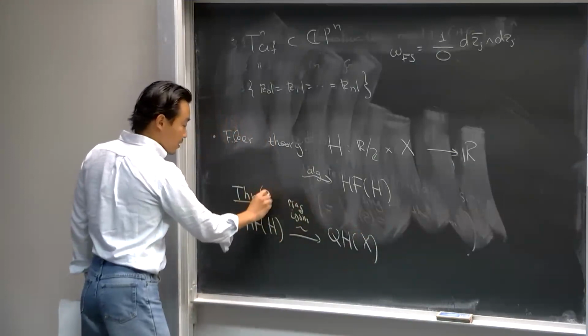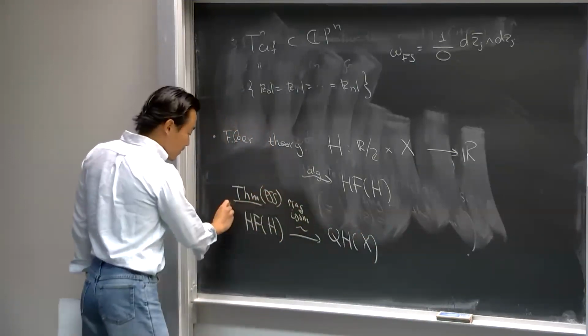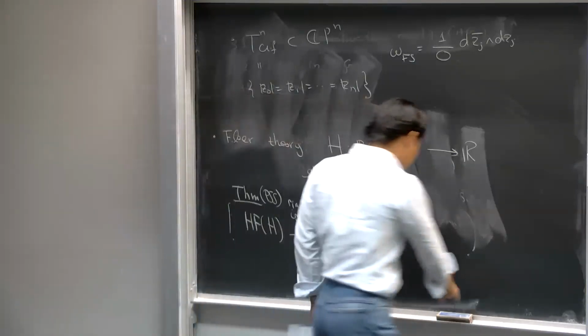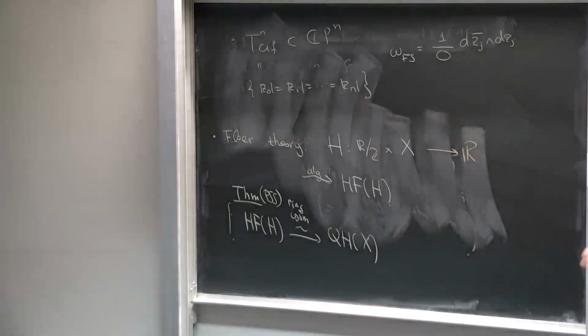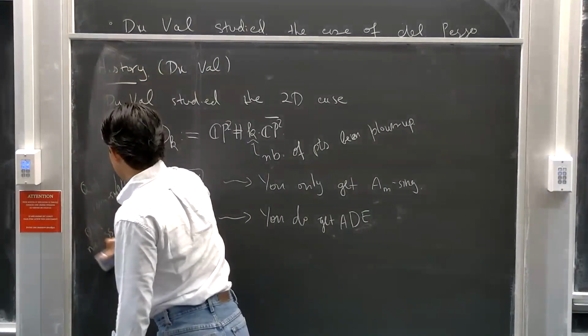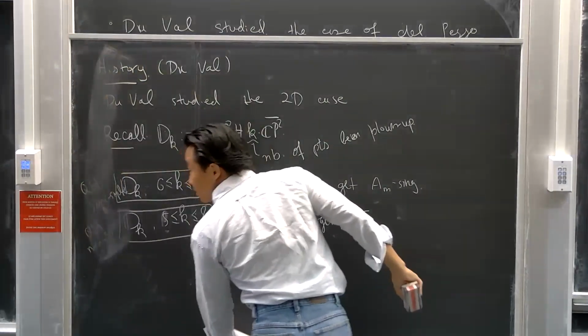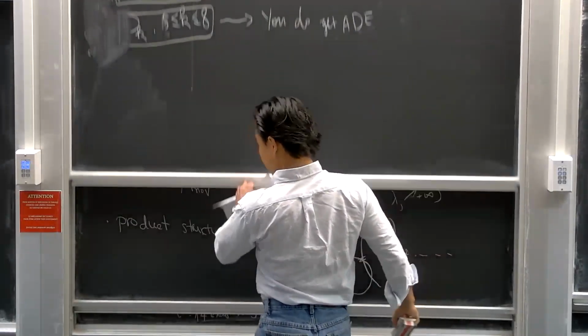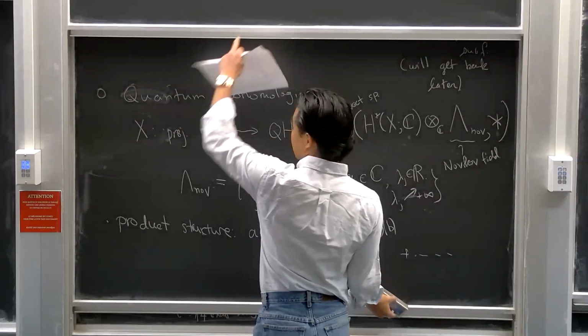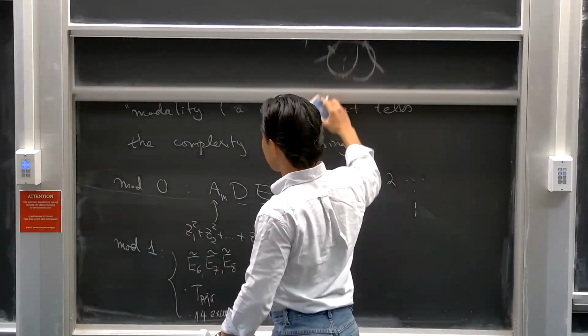I think this is called the PSS isomorphism. And let me remember what quantum Floer homology is, maybe even by explaining the original motivation for constructing such a thing.